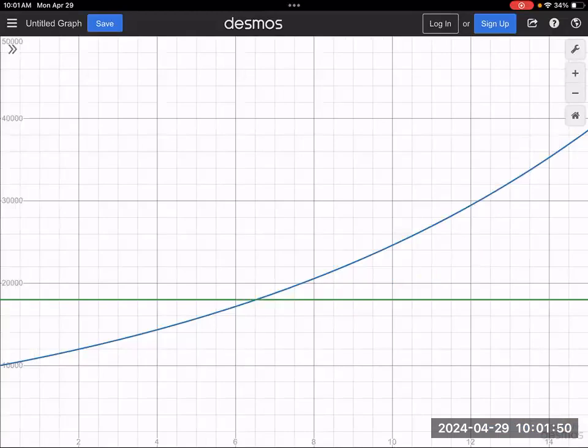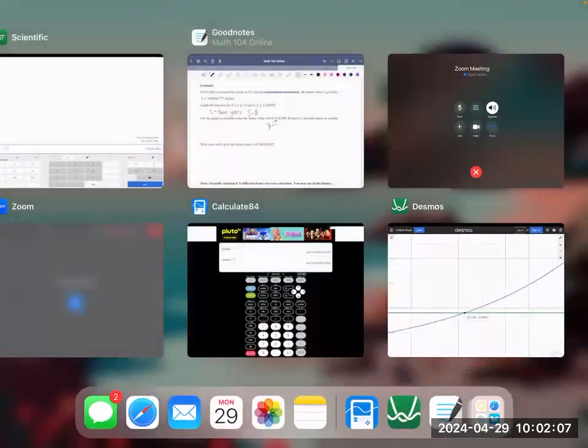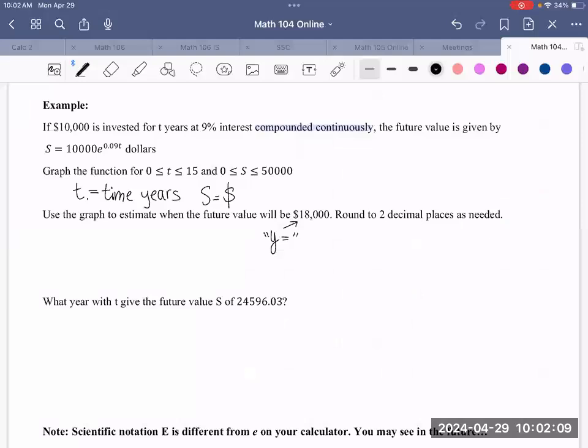Well, we can see a clear intersection, which is the most important feature on our graph. So we can go ahead and click that, and you'll notice that it's going to take 6.5 years in order to get to $18,000. Or sorry, that's your T, your X, whatever.